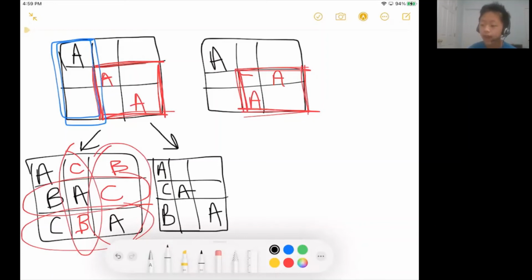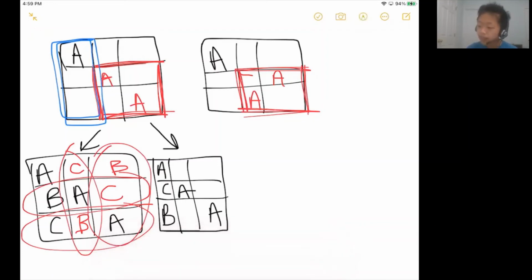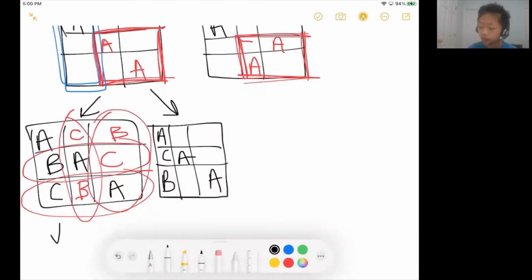So in this case, this yields exactly 1 possibility. And similarly, the second case also yields 1 possibility, right? This one has to be a C, this one has to be a B, this one has to be a C, and this one has to be a B. So everything is fixed. So this also yields 1 possibility.